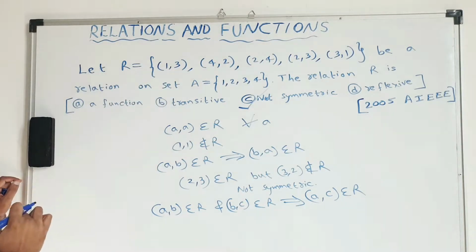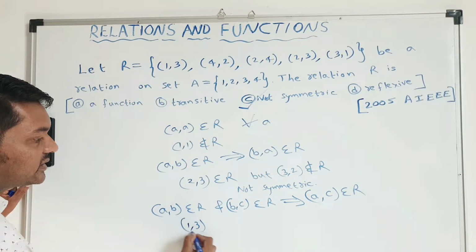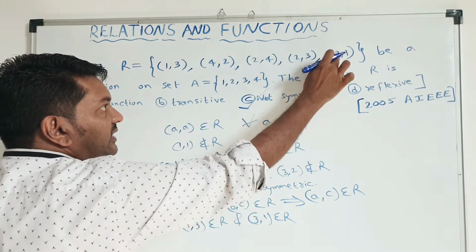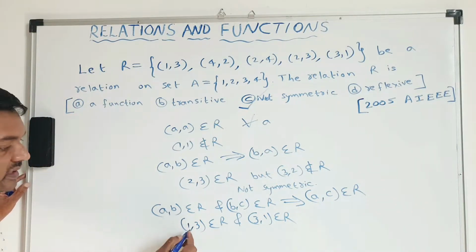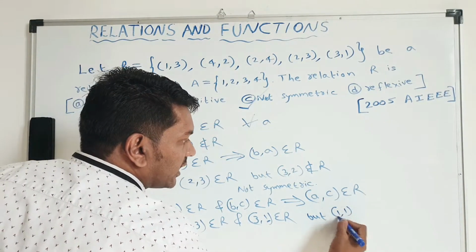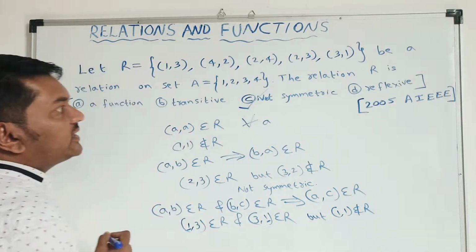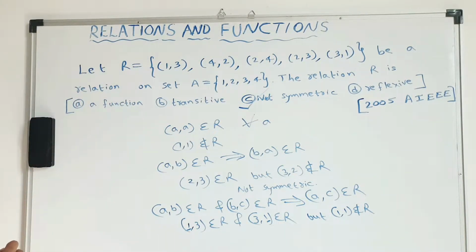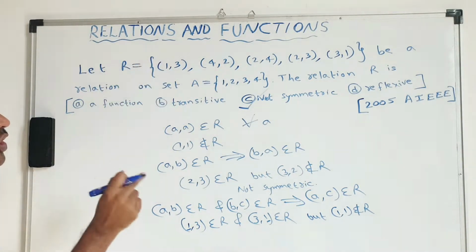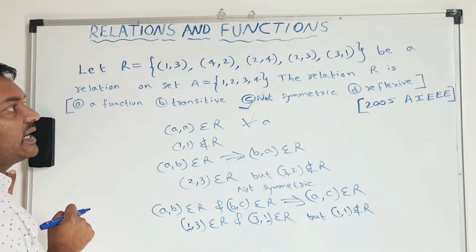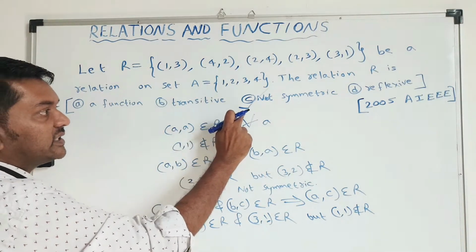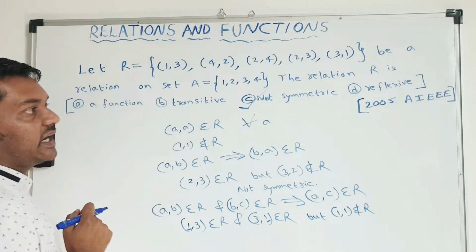So (1,3) belongs to R. (1,3) is an element of R and (3,1) is an element of R. See, it is given (3,1) is an element of R. But this a and c, (1,1), doesn't belong to R. Therefore, it is not a transitive relation. So we got this relation is not a function, not a reflexive relation, not a symmetric relation, not a transitive relation. So which is our option? Our option satisfying this condition is option C. It is not symmetric relation.